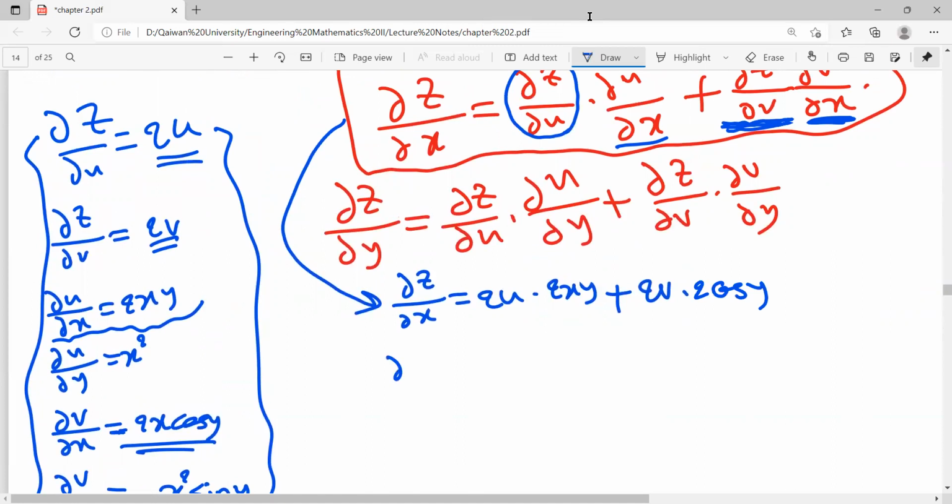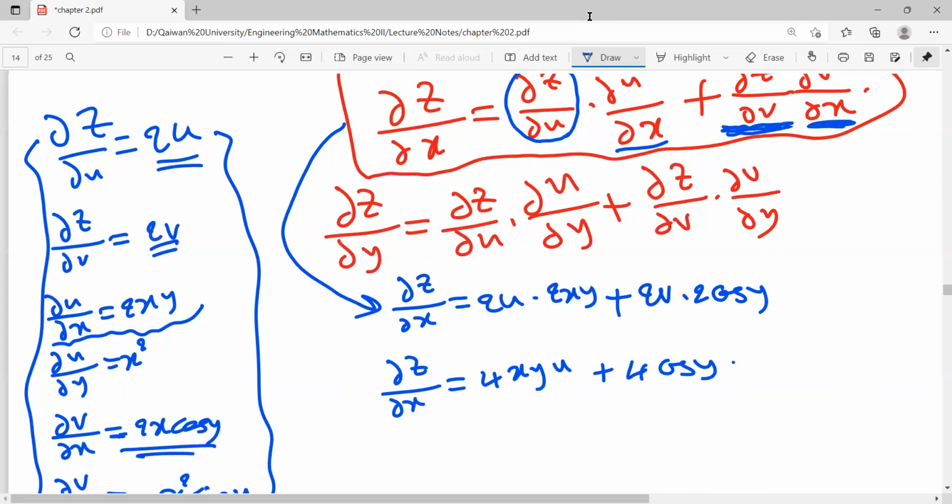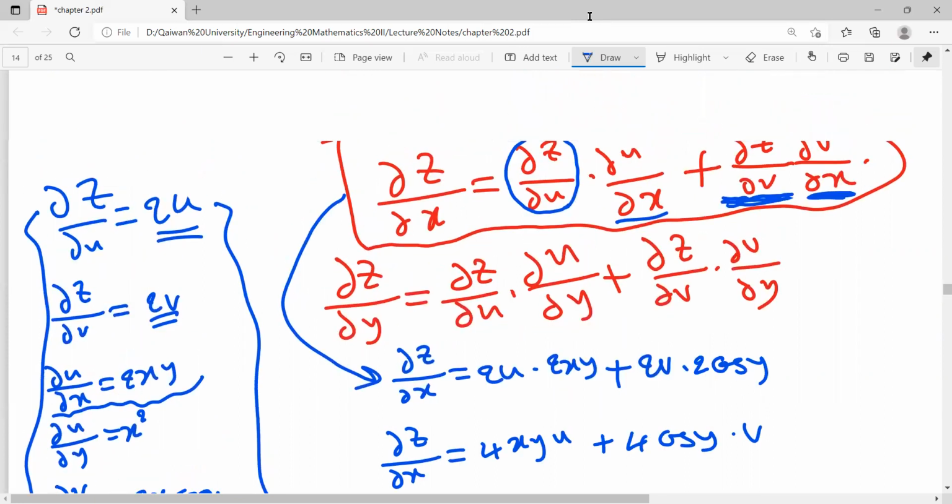That means partial z by partial x equals 4xyu plus 4 cosine y times v. But here, u and v are functions of x and y. We just replace them. dv over dx is 2x cosine y.